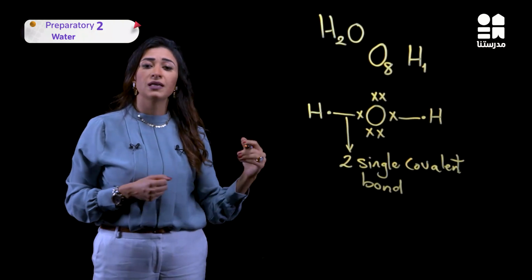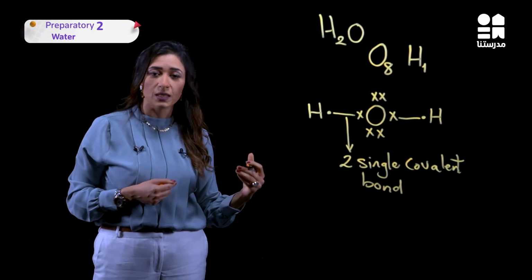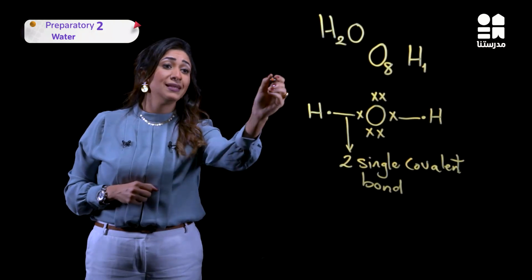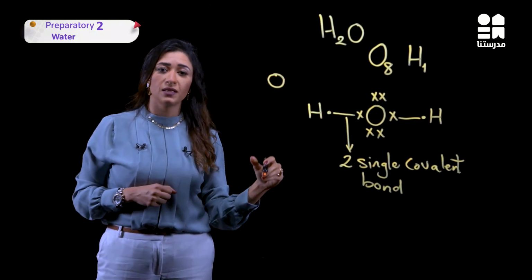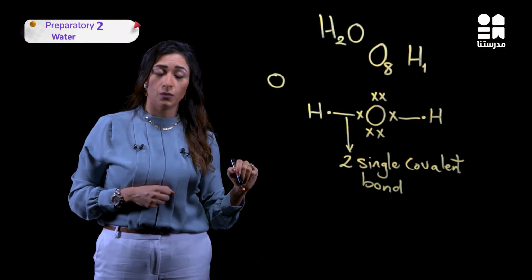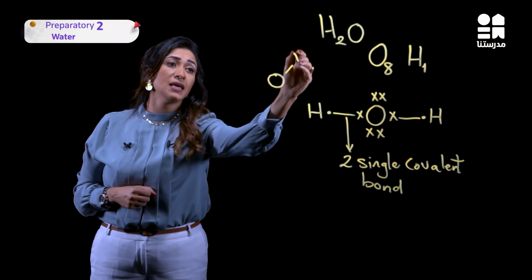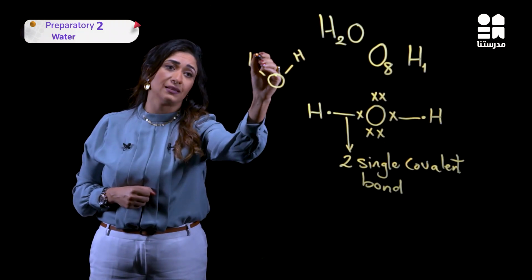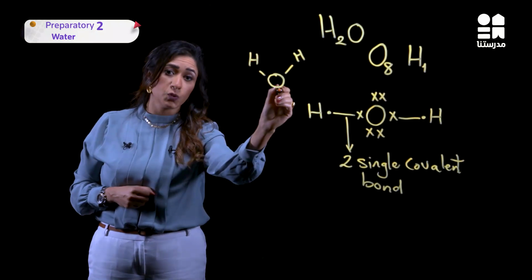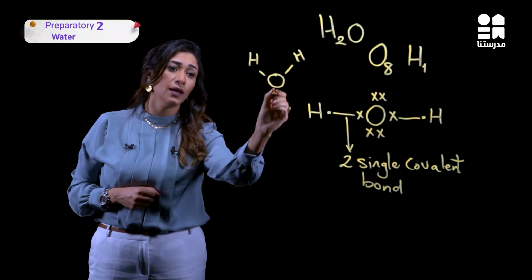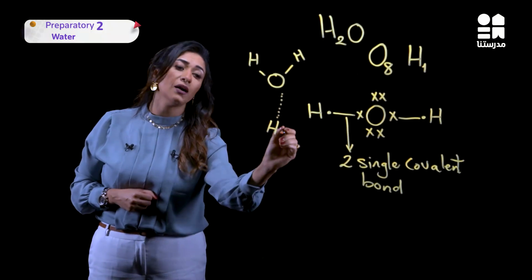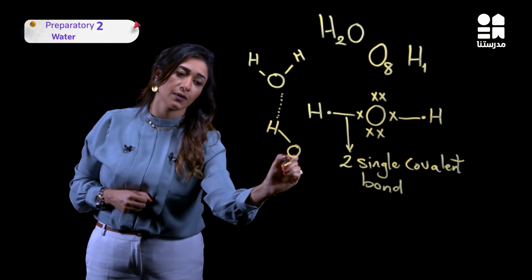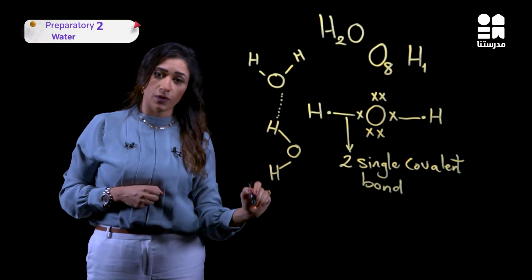طيب, how can I draw the hydrogen bond between the water molecules? دايما أنا عارف إن الأكسجين is the more electronegative atom inside the water molecule. It makes an electrostatic attraction between the oxygen of a water molecule and the hydrogen of another water molecule, like this. Okay?